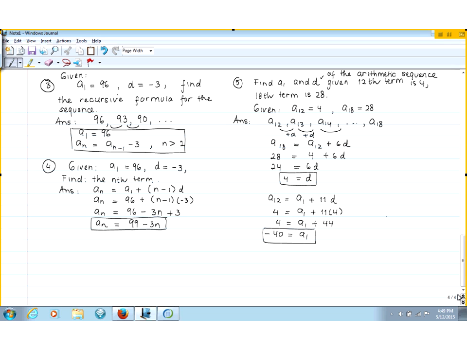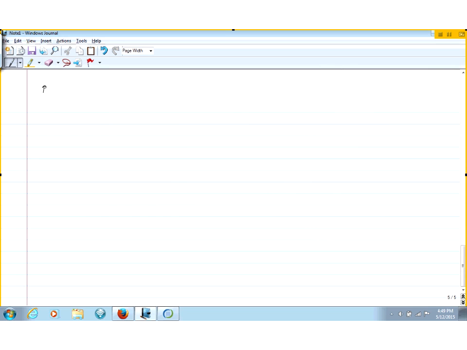Now let's continue. So we're done with arithmetic sequences. The next one is the sum of the first n terms of an arithmetic series. So a series talks about the sum.